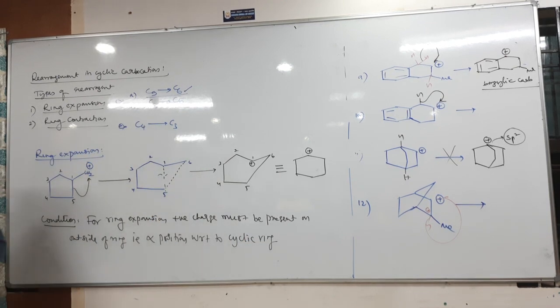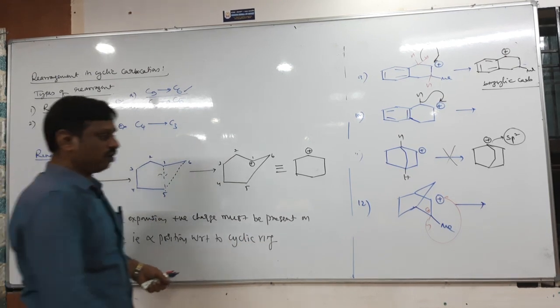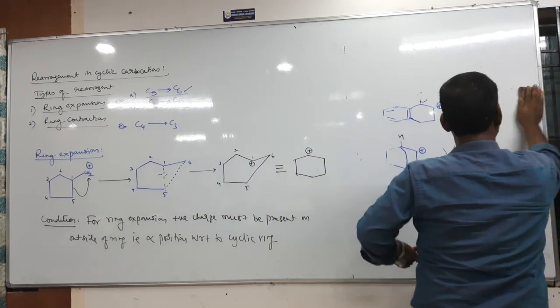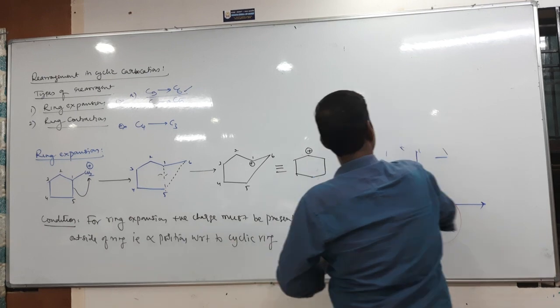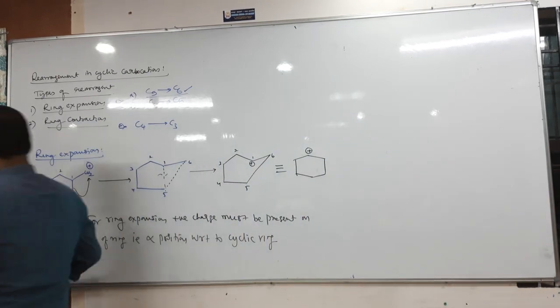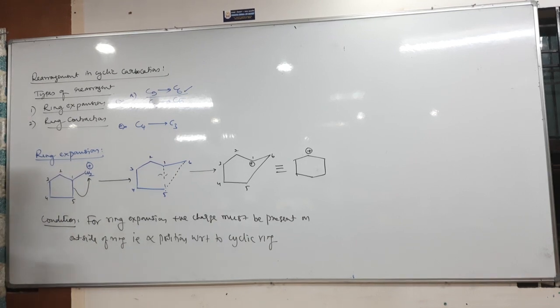So it must be on the alpha position, then only ring expansion is possible. Okay, I hope you understood.